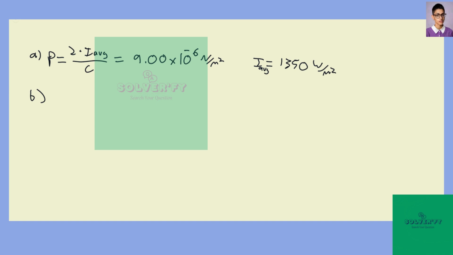So then we can use Newton's second law to calculate the acceleration. So if P is force per unit area and force is mass times acceleration, we can solve for acceleration. It is going to be PA over M. And what we have is that the mass is 1 gram per meter squared.